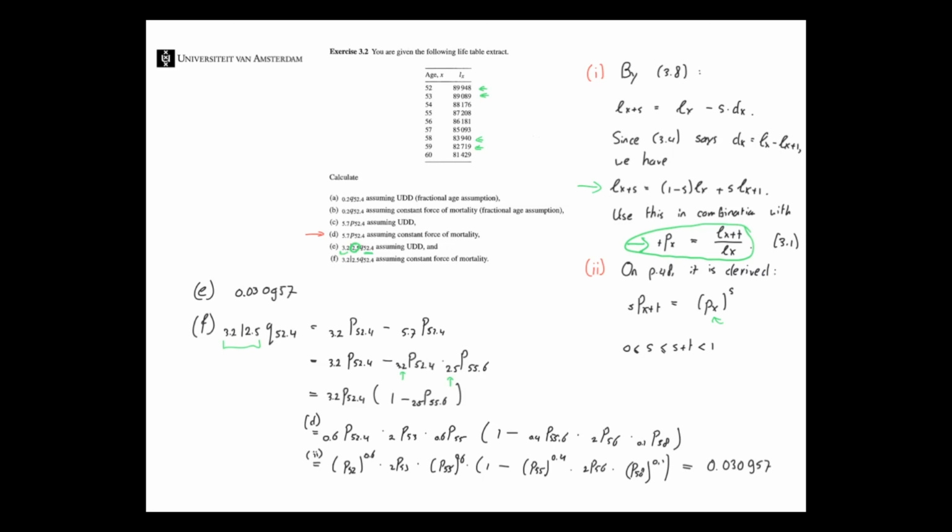So naturally, there are not that many people that die within, let's say, ages roughly 56 and 58 and a half. So that should be a small probability, which should give you a small number. So that just serves as a sanity check, perhaps. And this is the same for all the other answers, of course.